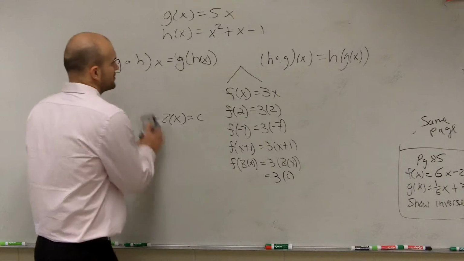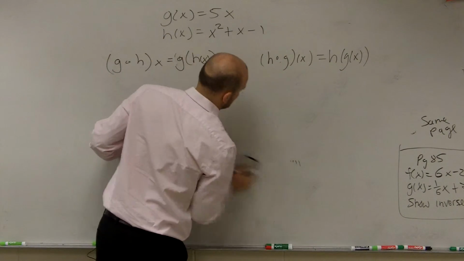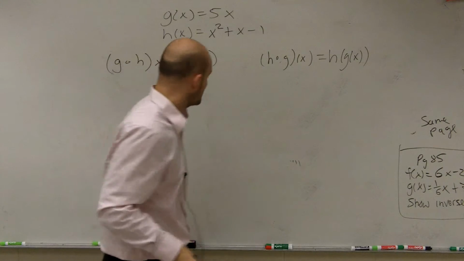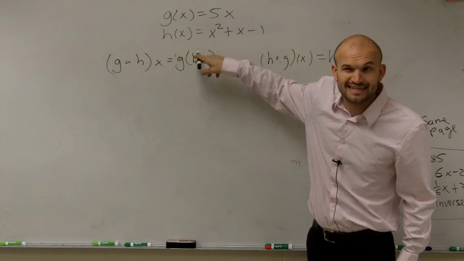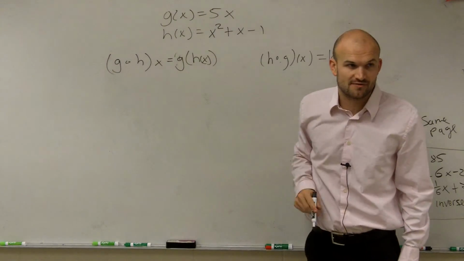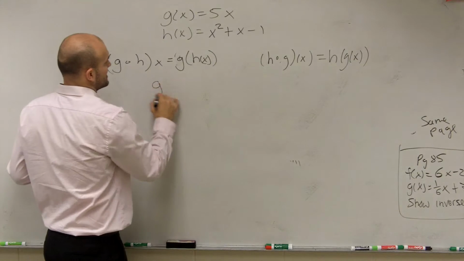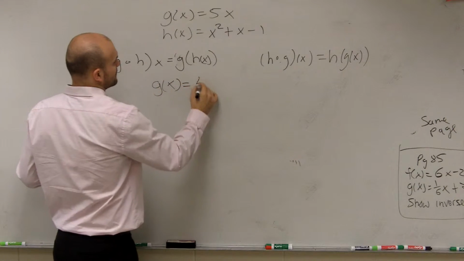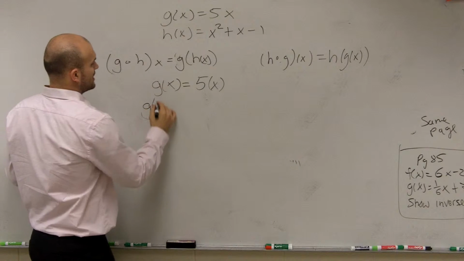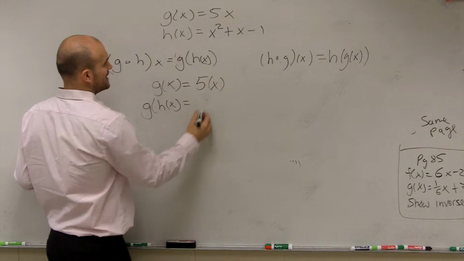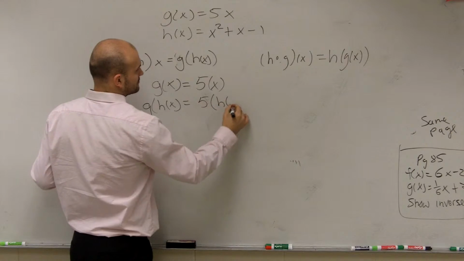So let's go through this real quick. You guys can write that down. Let's take a look at this. It says g of h of x. So that means I'm going to plug h of x into my g of x function. What is my g of x function? g of x equals 5x. So therefore, g of h of x is going to equal 5 times h of x.